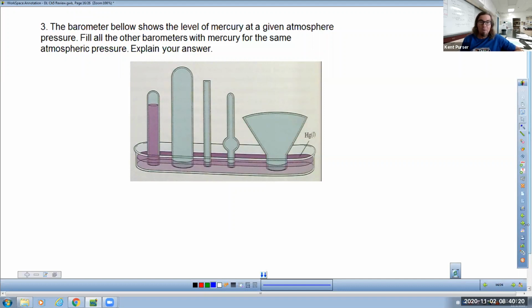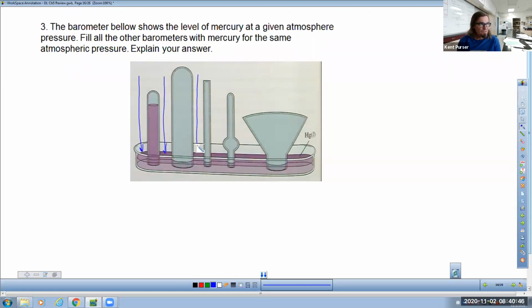The barometer below shows the level of mercury at a given atmospheric pressure. Fill all the other barometers with mercury for the same atmospheric pressure. So at least mentally fill them. Hopefully what you're thinking right now is that the atmosphere is pushing down on the surface of this mercury.